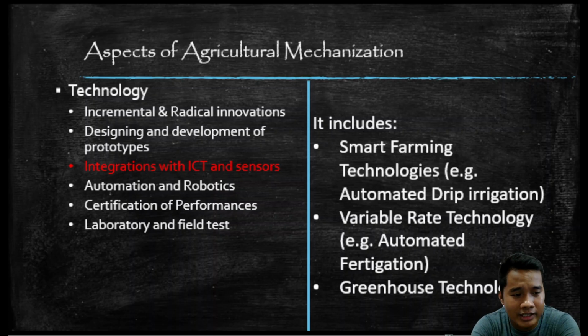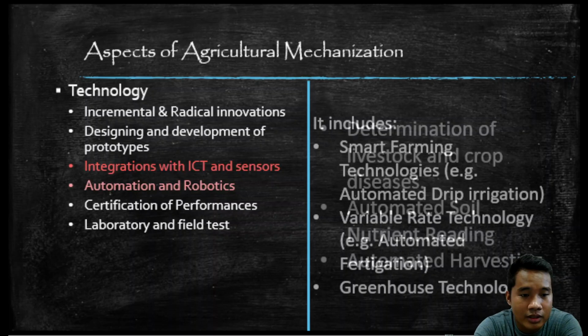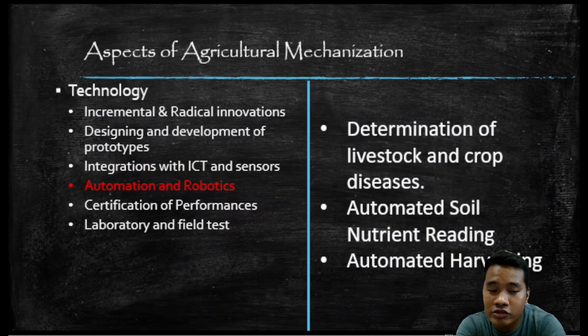In fact, it is really a modernized technology that can give you more efficient and more effective applications in the agricultural system. Automation and robotics is also very important.